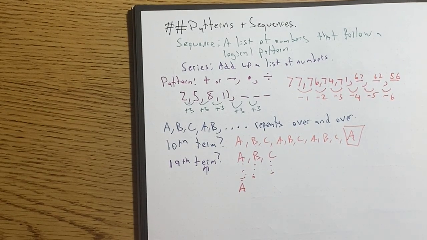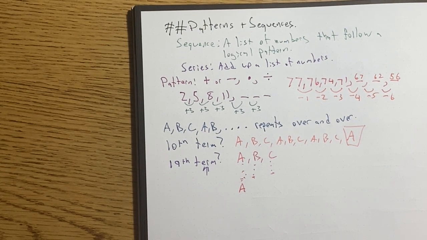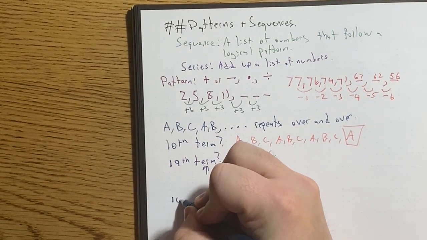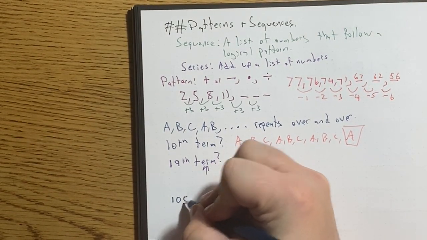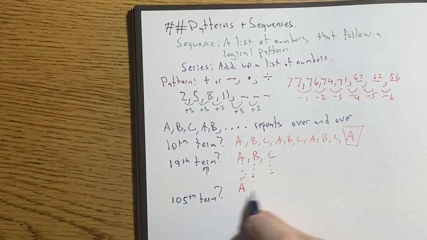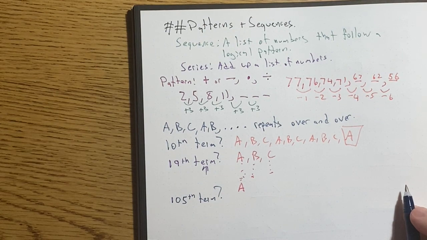Then I could be super obnoxious and ask you what the 105th term is. Now, you could write all of these out.